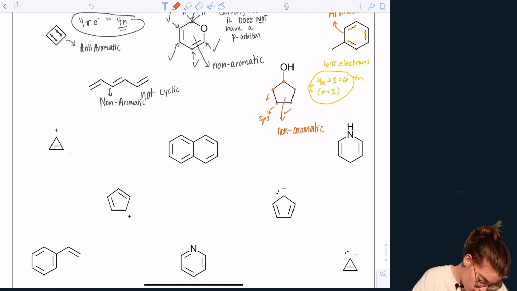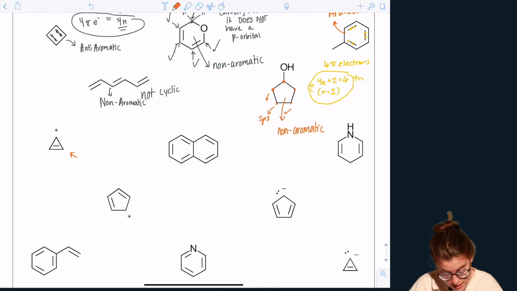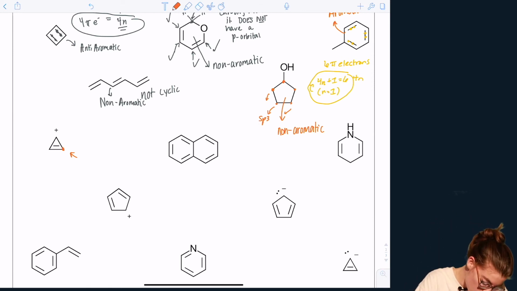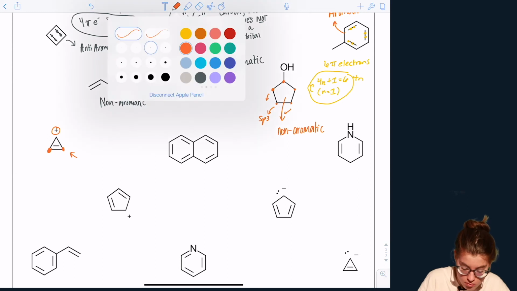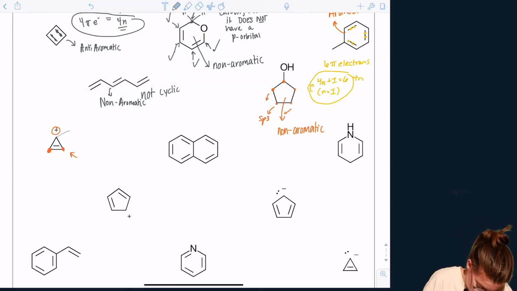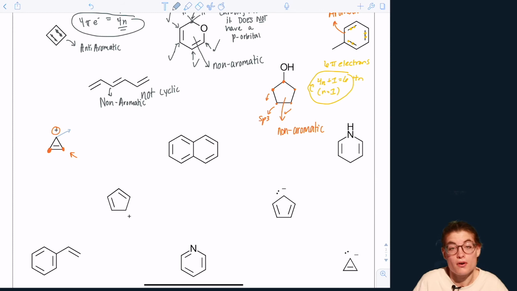All right, now let's look at this molecule over here. So is it cyclic? Yes, it is. Do we have a p orbital at every atom in the ring? So we have a p orbital here because we've got this pi bond, and we have a p orbital here. Do we have a p orbital at the carbocation? Well, remember, carbocations have what hybridization? Carbocations are sp2 hybridized.